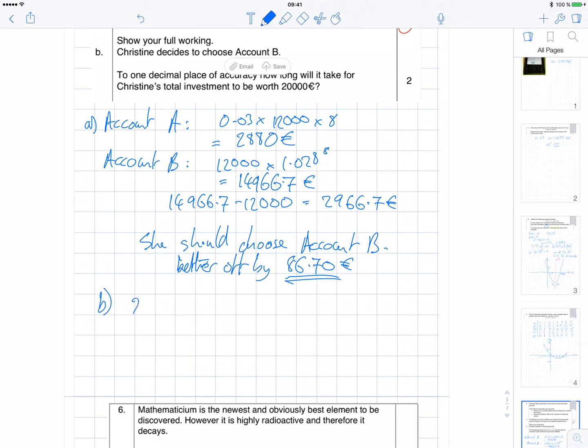So what you do is 20,000 is equal to our initial investment times 1.028 to the power of t, and I'm just going to solve for t.